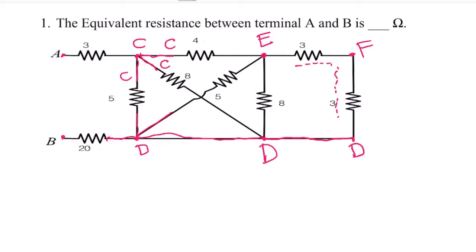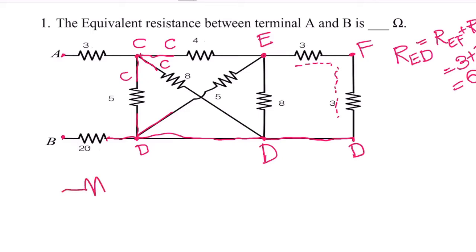Whenever it is connected in series, the equivalent resistance between E and D is R1 plus R2, that is REF plus RFD. Now it is 3 plus 3, which is 6 ohms.